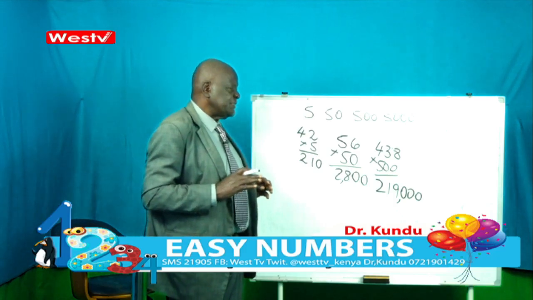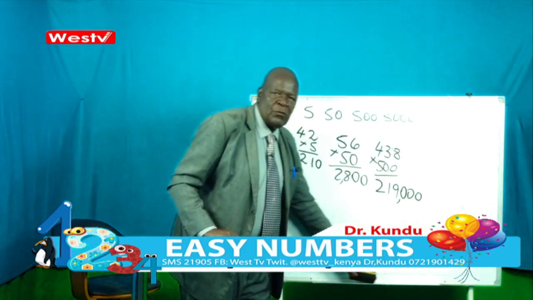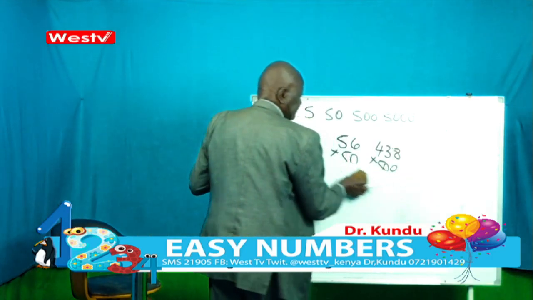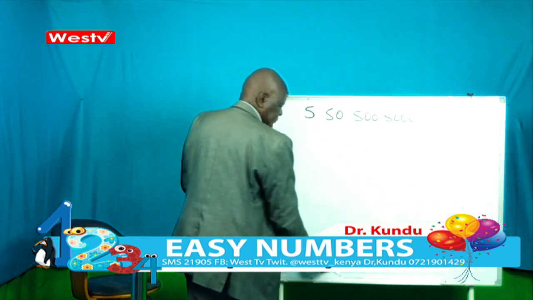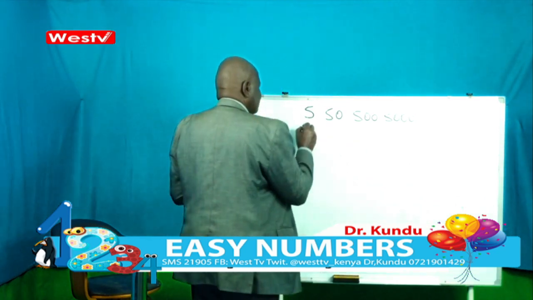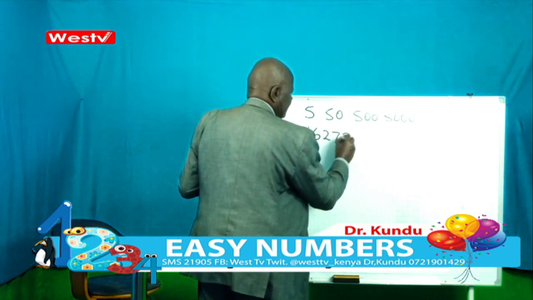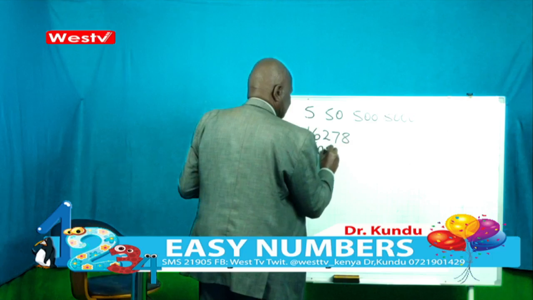And this process is so easy. All you need is to know short division method by 2. A short division method by 2 is what will get you there. So suppose we have 16278 times 50,000.